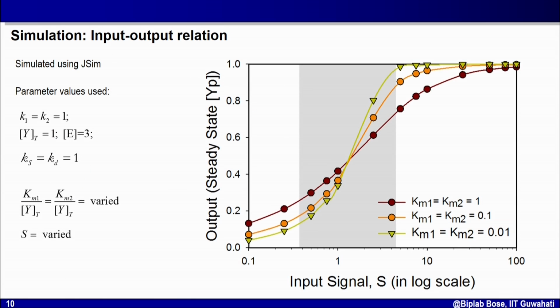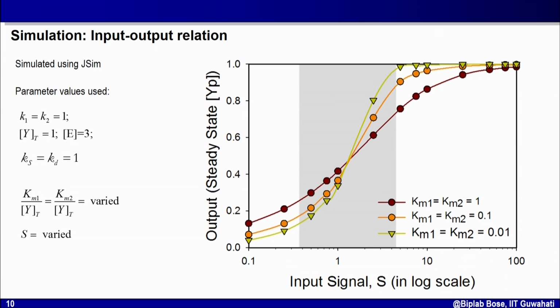Now let us look into the input-output relation using this JSim model. Previously I was trying to understand, when s is changed, how the yp steady state value, the output, will change, and I was using the phase plane plot to understand that. Here I have done the JSim simulation to understand the similar thing.